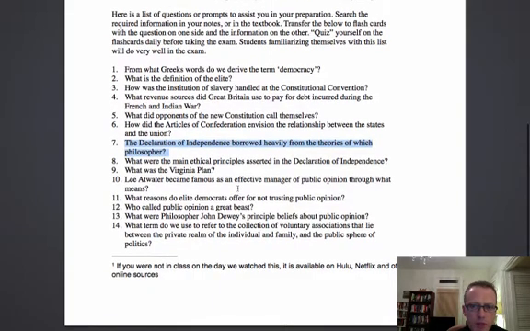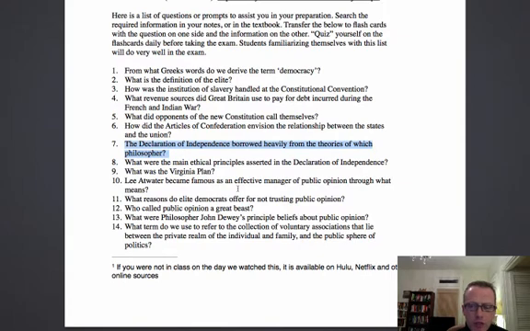The Declaration of Independence borrowed heavily from the theories of which philosopher? In this class, we've discussed a lot of different philosophers. We've discussed Thomas Hobbes, we've discussed John Locke, we've discussed John Dewey. When Jefferson was putting together the Declaration of Independence, he was influenced by other philosophers, apart from the one we have in mind, including Montesquieu.